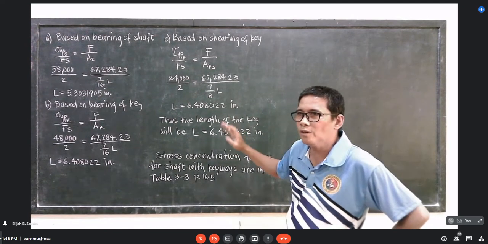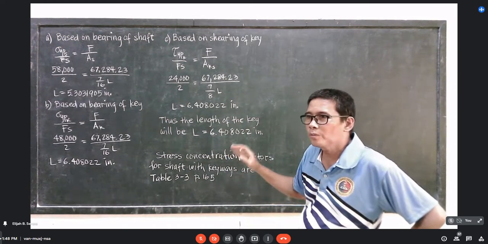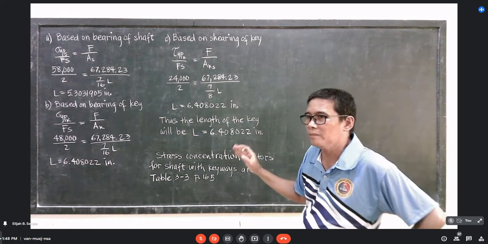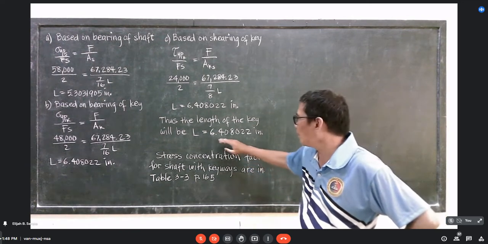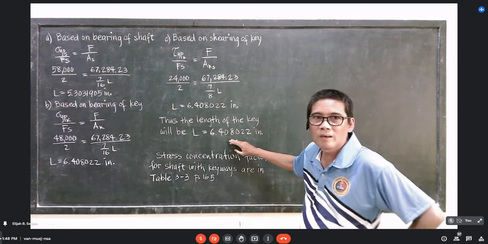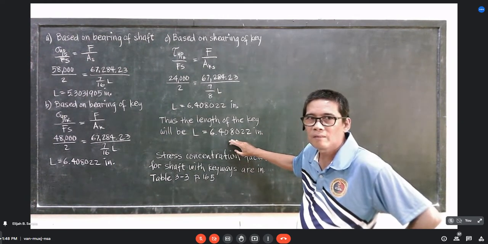Now, when you talk about cross-sectional areas, these are relative to what analysis, whether it is shearing or bearing. But it does not justify why you use this bigger value. Safety, why?